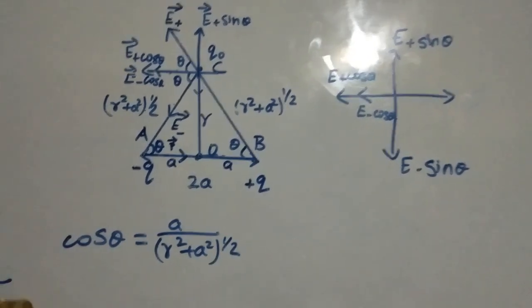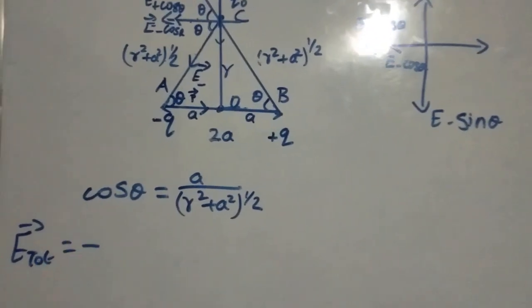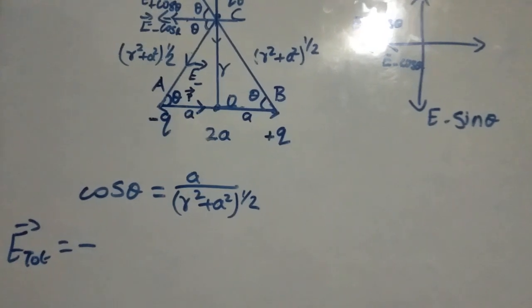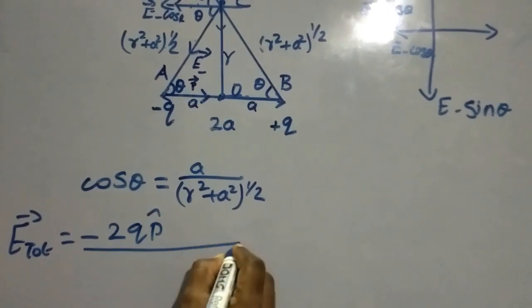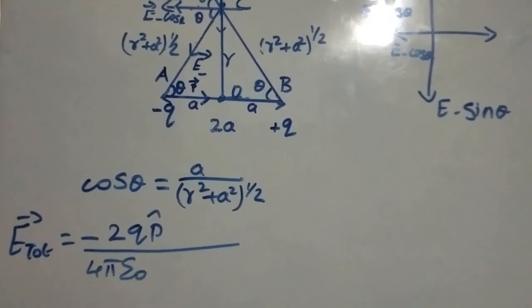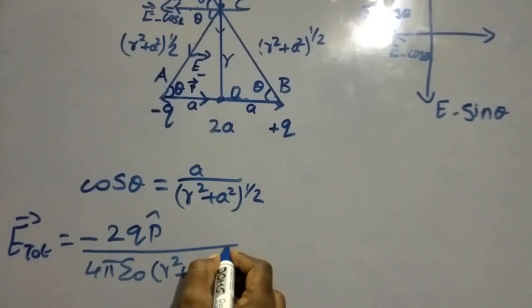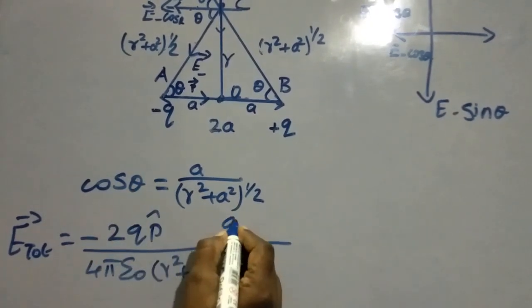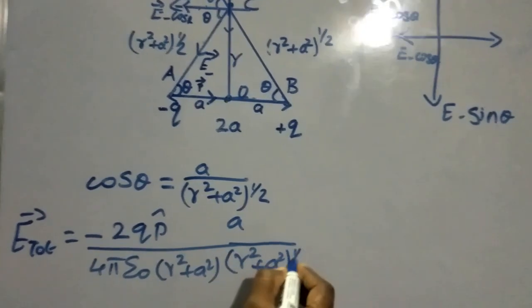So E total vector equal to minus, in the numerator we have 2q p cap, in the denominator 4 pi epsilon 0 (r square plus a square). The value of cos theta is a by (r square plus a square) power 1 by 2.